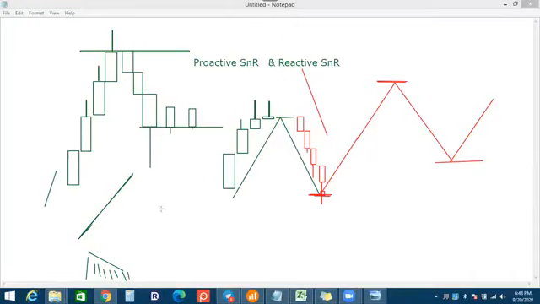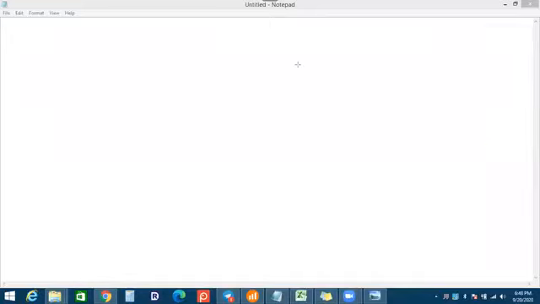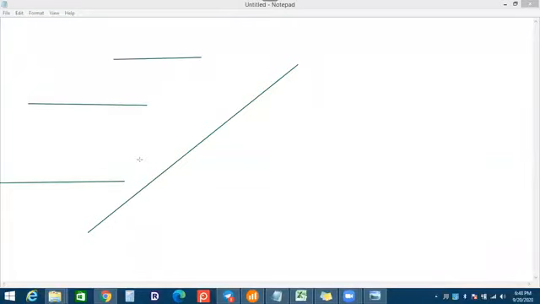The first and basic example: the market is in an uptrend and they are looking for the horizontal levels. That horizontal level will work because we see there is no price action here, no price action here, and the market is moving in this direction.